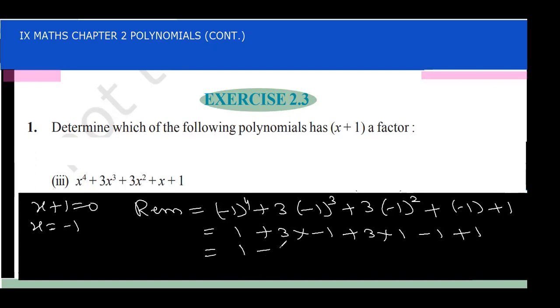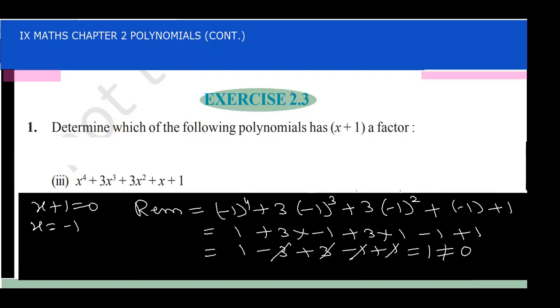So 1 minus 3 plus 3 minus 1 plus 1. On further simplification, it is 3 and 3 cancel. This and this cancel. What is 1 left? And 1 is not equal to 0.